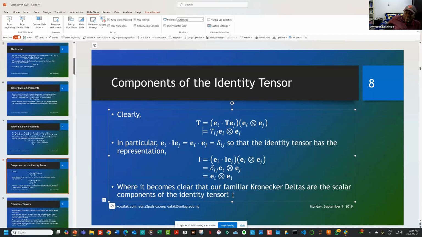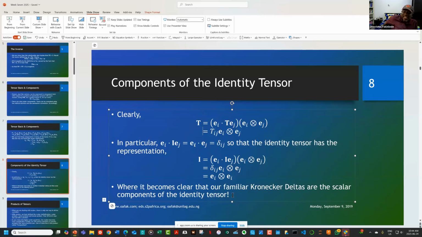The Kronecker delta we've been dealing with, we've been calling a substitution symbol, we've been playing with, doing one thing or the other with. The true nature of the Kronecker delta has come out now. It becomes clear that our familiar Kronecker deltas are the scalar components of the identity tensor. You know what the identity tensor is?